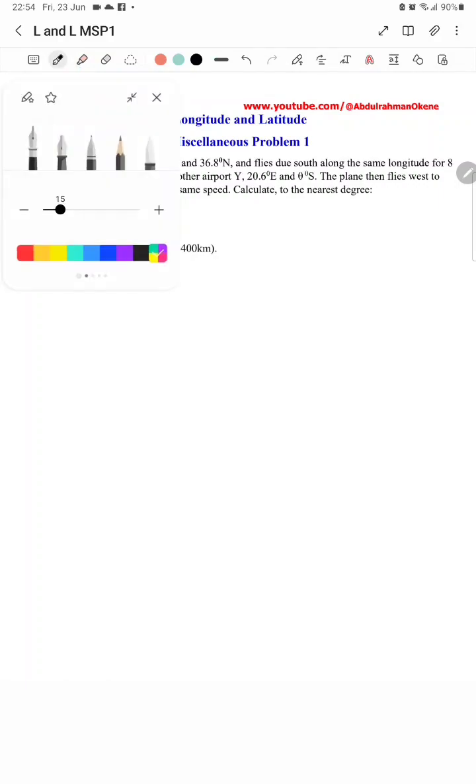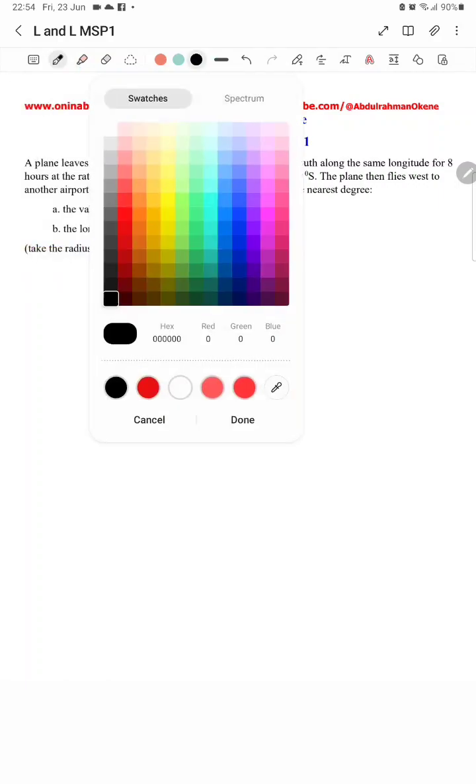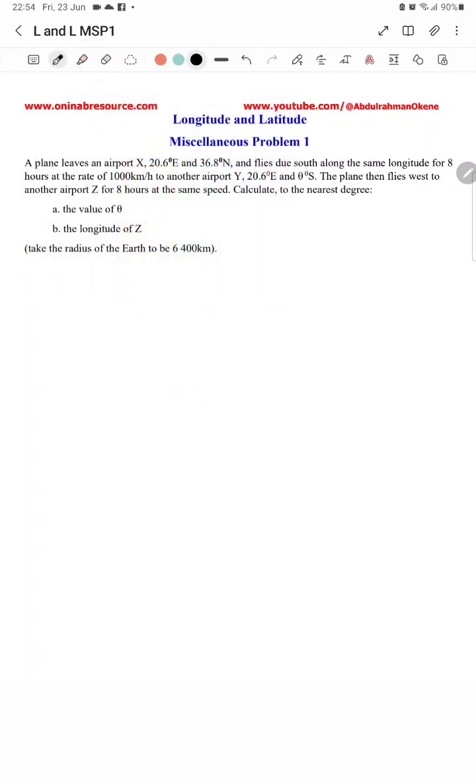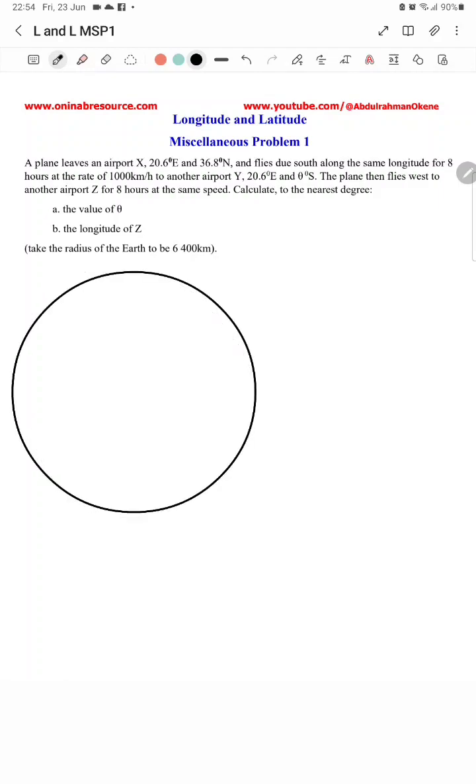So in our solution, we sketch the diagram to see the location of those places on the earth's surface. We have the equator, which is 0 degrees.